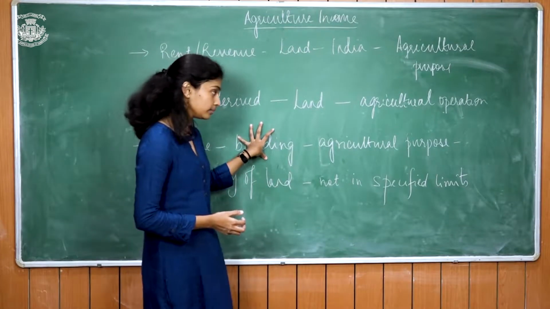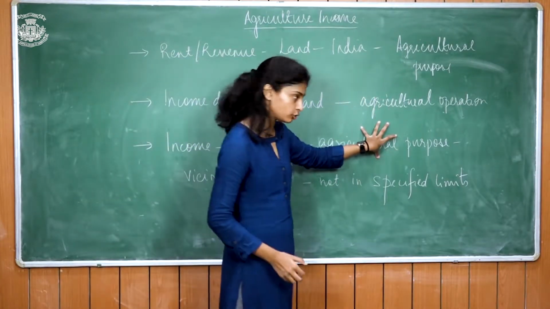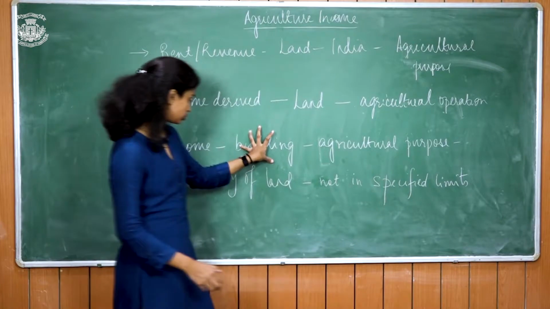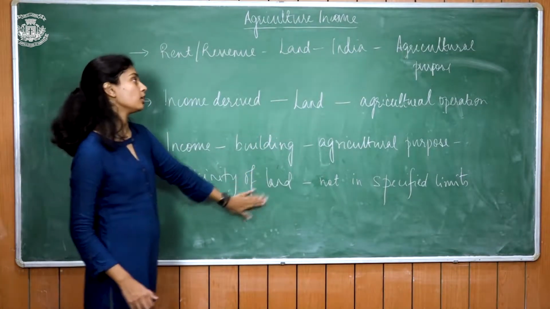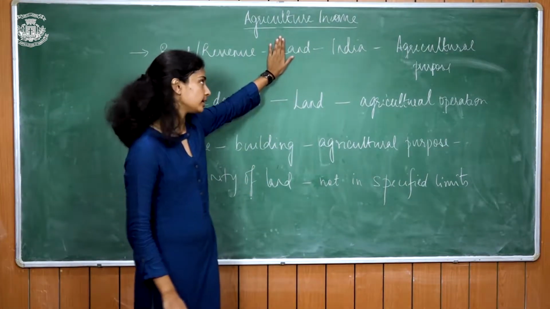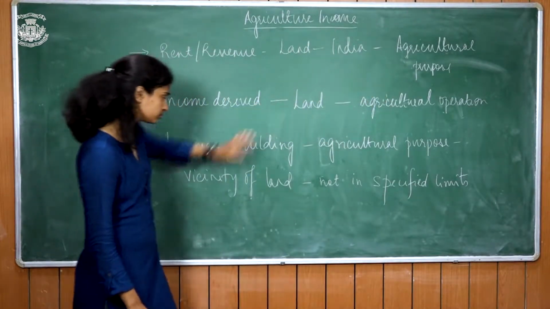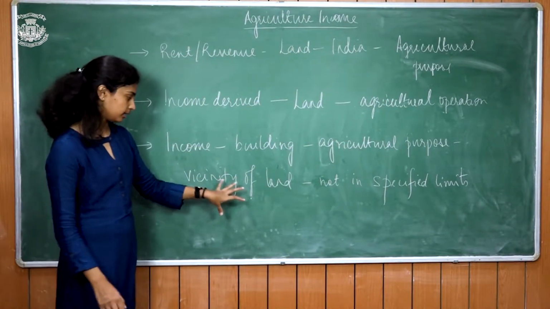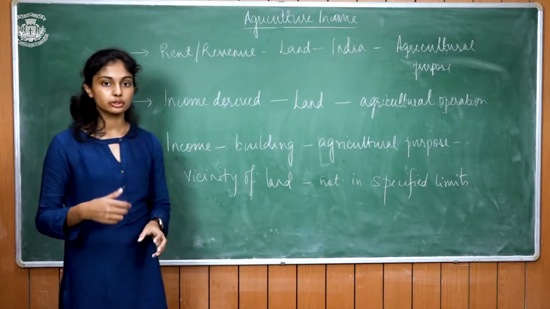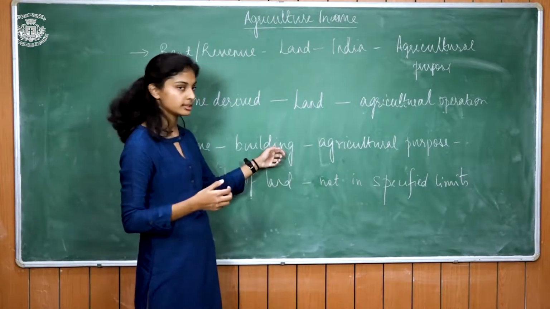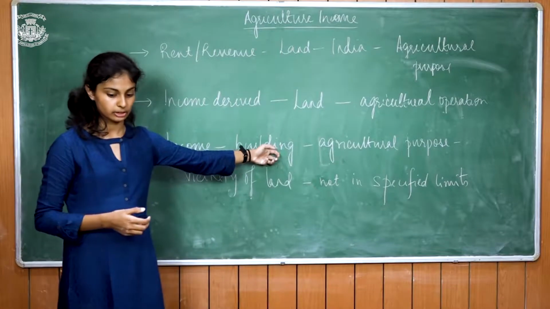This building must be used for an agricultural purpose and should be situated in the immediate vicinity of such land, which is situated in India and used for agricultural purposes. If the land is being used for any other purpose and the building is situated there, it cannot be considered agricultural income.